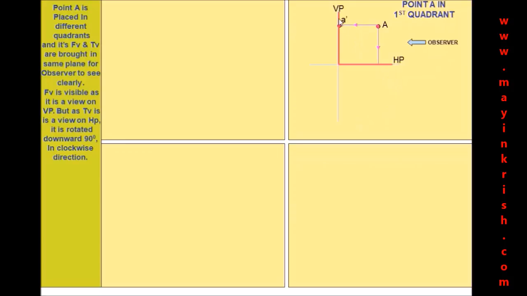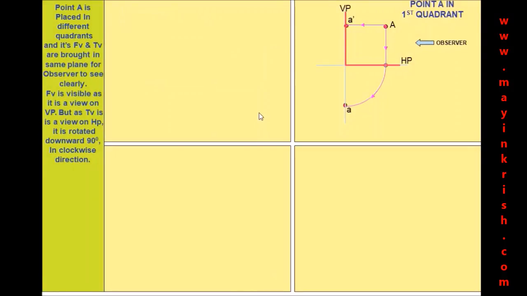We can't rotate the vertical plane either clockwise or anti-clockwise, because if we rotate the vertical plane, again the observer may feel difficulty getting the front view as well as the top view. So we rotate the horizontal plane clockwise, until 90 degrees. Finally, the front view as well as the top view appear in one plane, which gives the observer clear information.